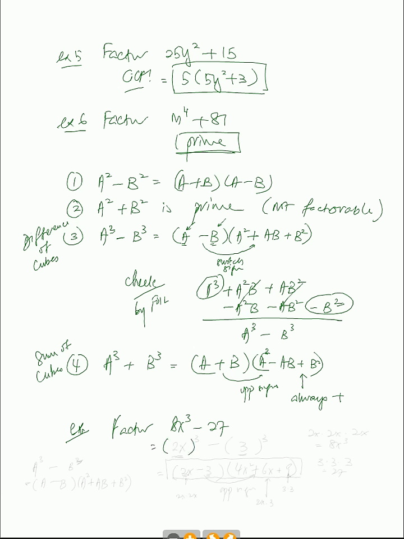So think of what cubed will give me 8x cubed, and the answer is 2x, because 2x times 2x times 2x gives me 8x cubed. What about 27? What cube would give me 27? You got to be a 3, because 3 times 3 times 3 makes it 27.